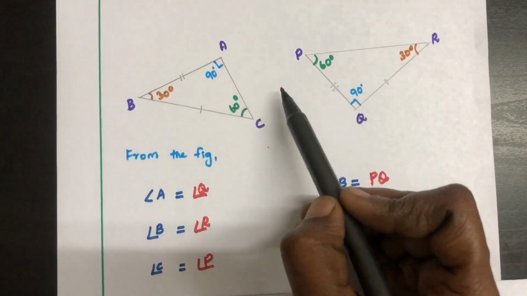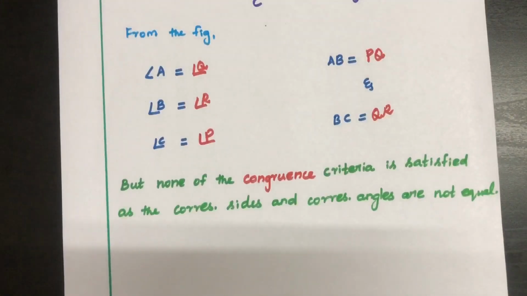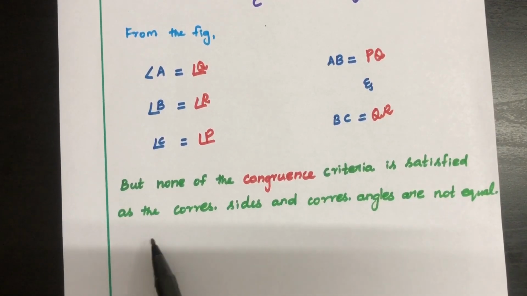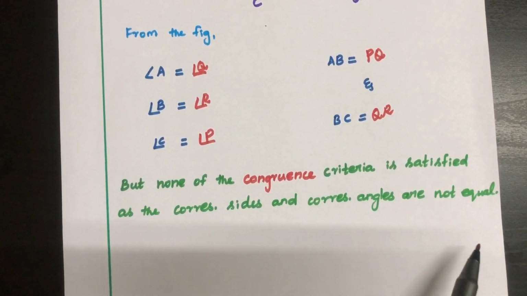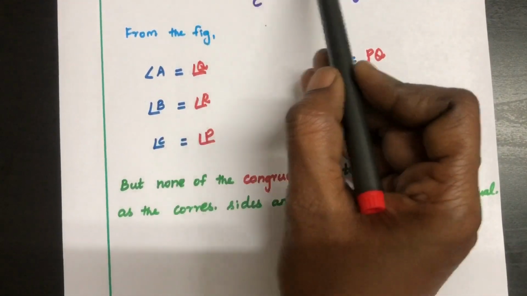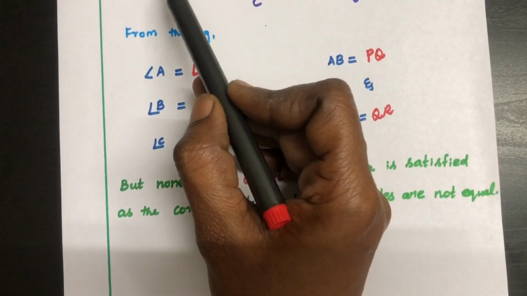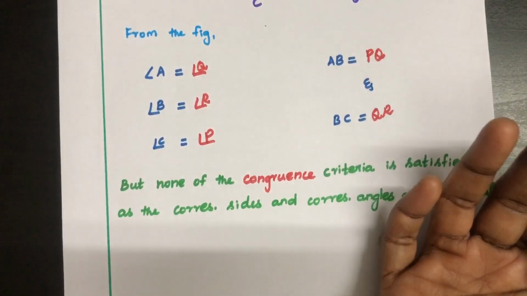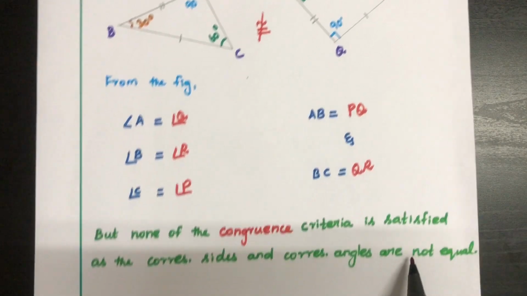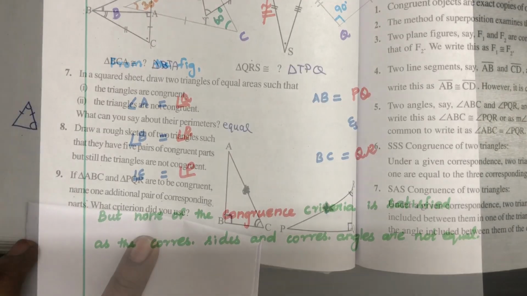So it is not congruent. None of the congruence criteria is satisfied, as the corresponding sides and corresponding angles are not equal. If the angle is equal, the side is not equal. If the sides are equal, the angles are different.